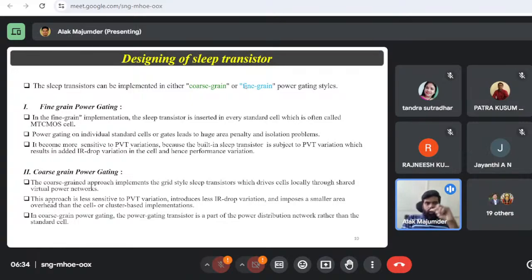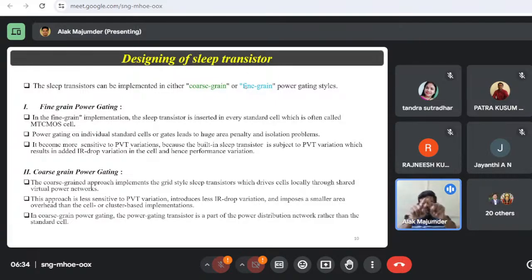Now, this is one point to be discussed, that power gating is fundamentally of two types: fine grain and coarse grain, right? For example, you have a system with a big internal circuit.